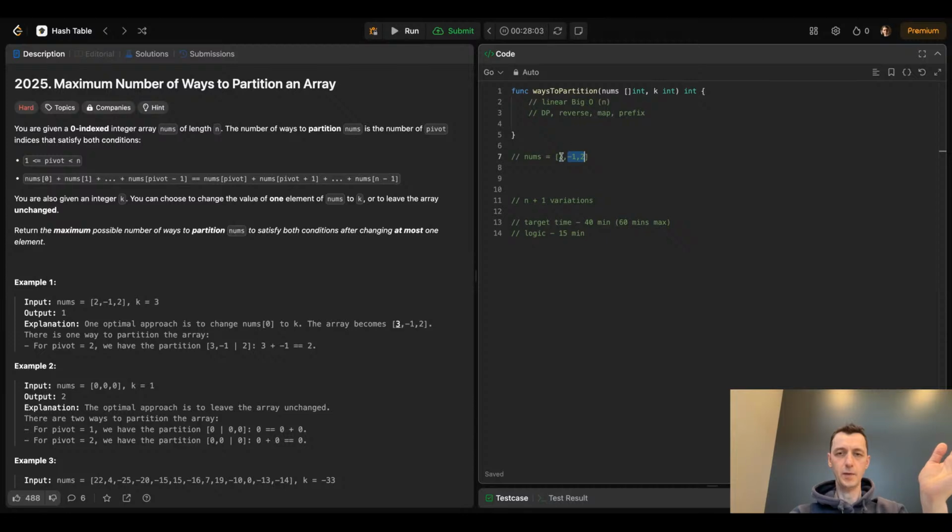In this case we wouldn't get one, but in that case we would. Yeah, we put 3 here, and it will give us a partition, a pivot point.